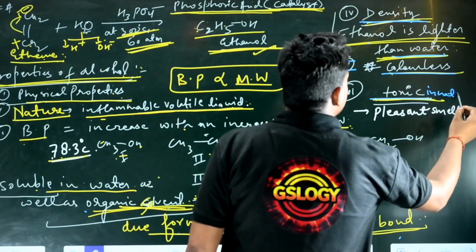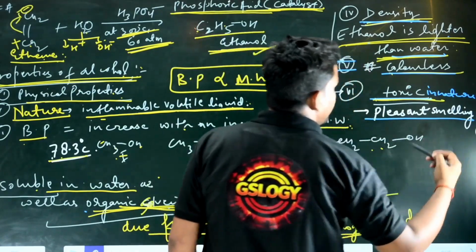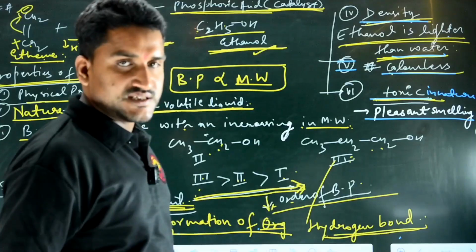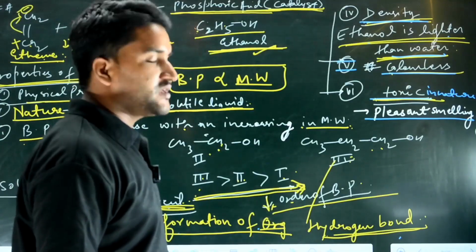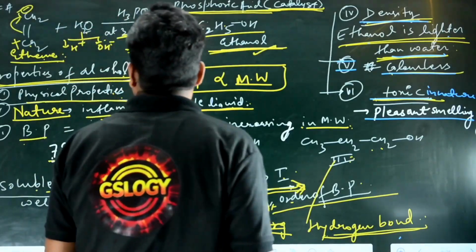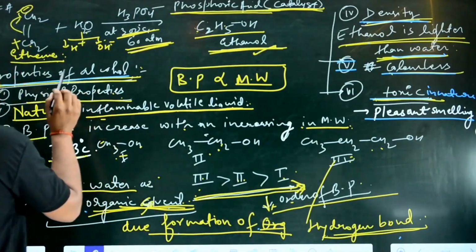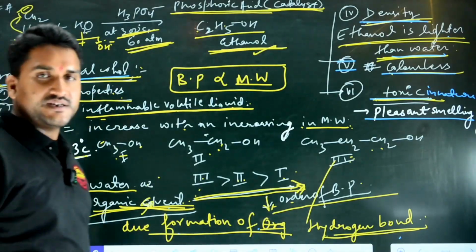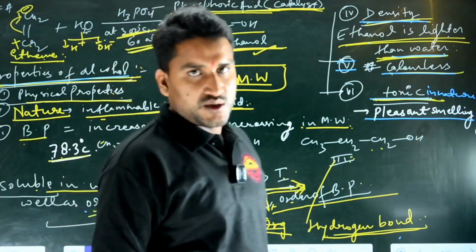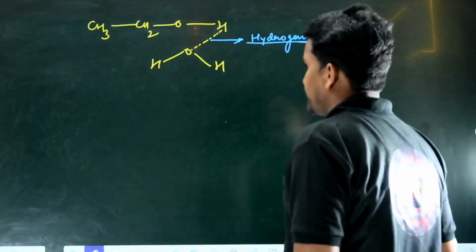Ethanol is toxic in nature, and it also has a pleasant smell, which means a distinctive type of smell comes from it. So I hope you understand the topic of the physical properties of alcohol. Okay, get on to the next topic.